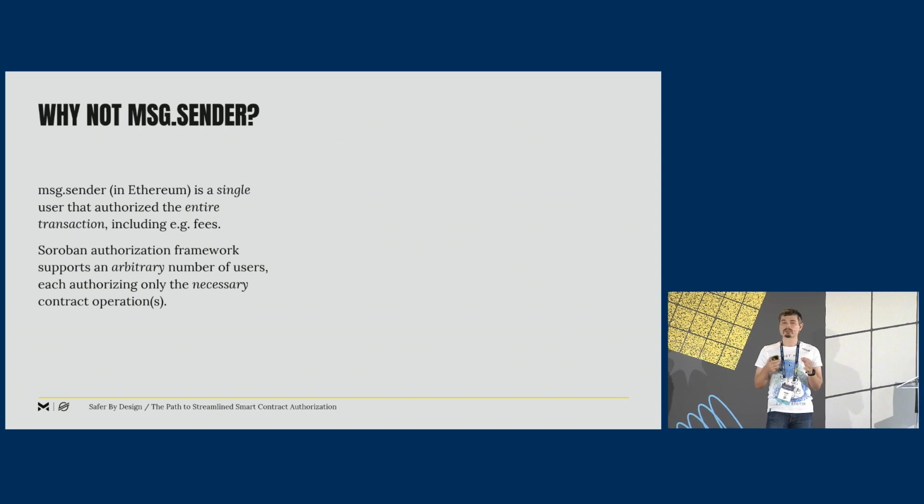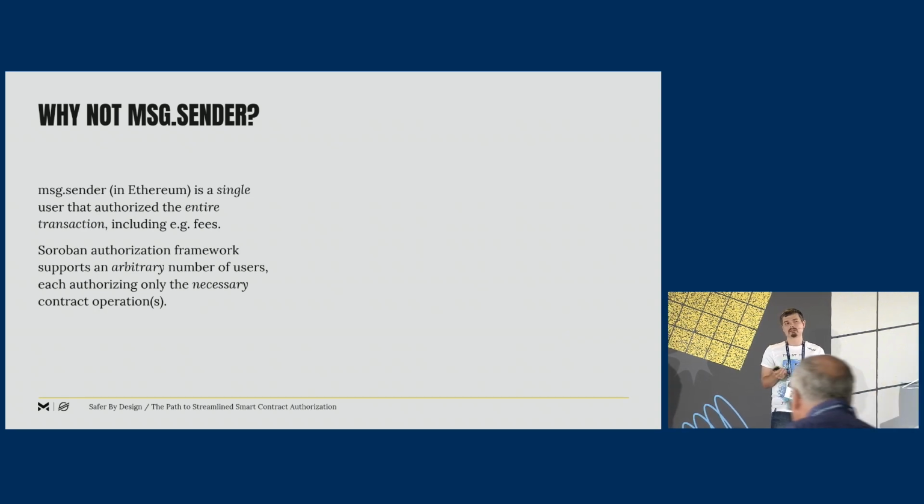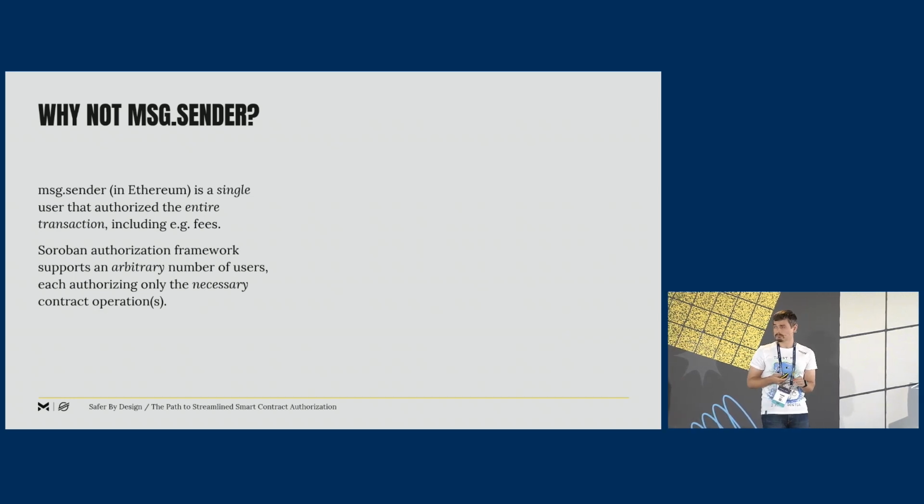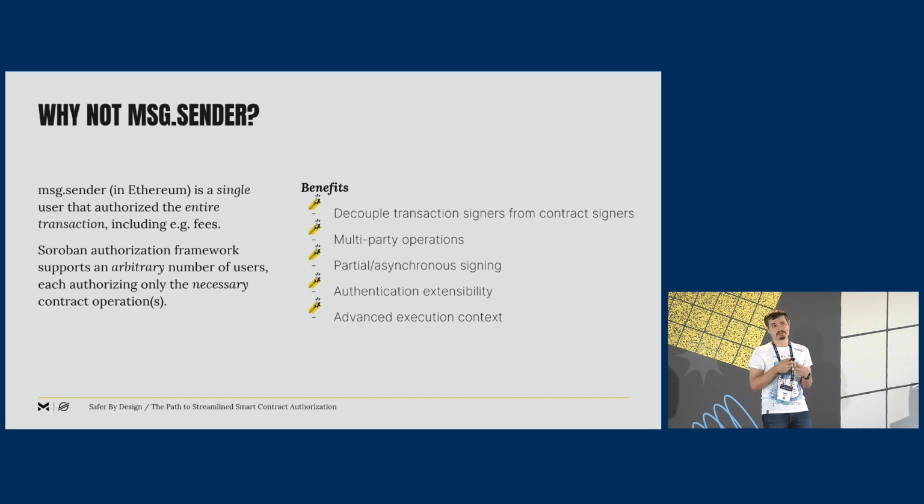And it also supports only necessary parts, like not everything is a transaction, but only the parts that are necessary to fulfill the operation. And this comes with a lot of benefits, such as now contract signers and transaction signers can be decoupled. And of course, there can be multiple parties, unlike the case when there is only a single signer for the whole transaction.